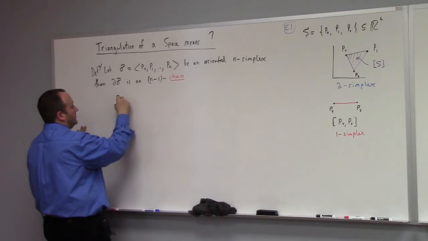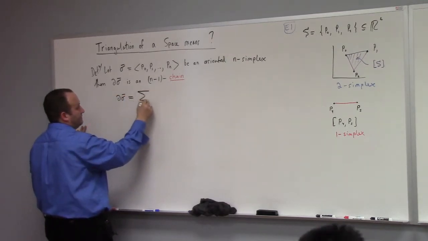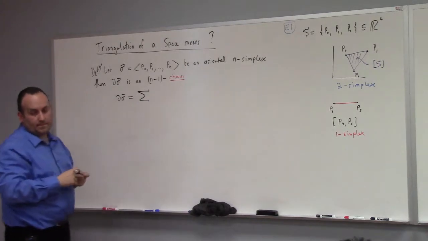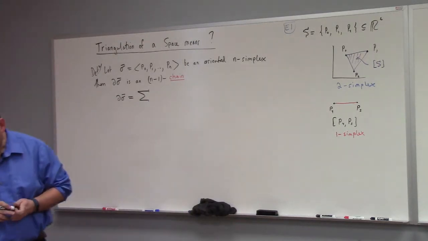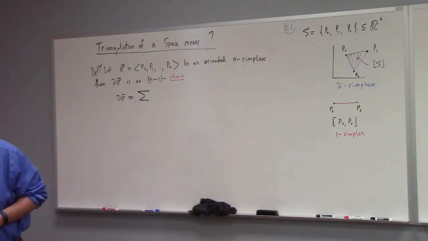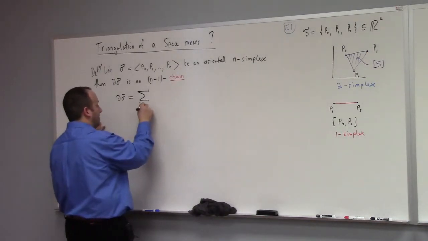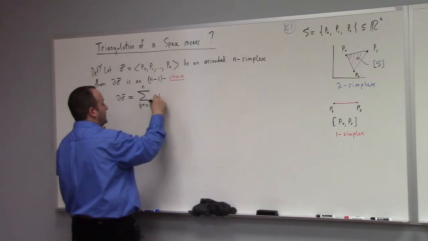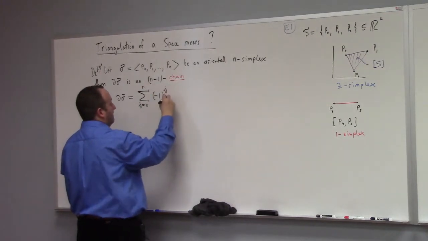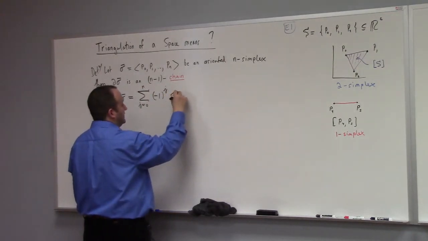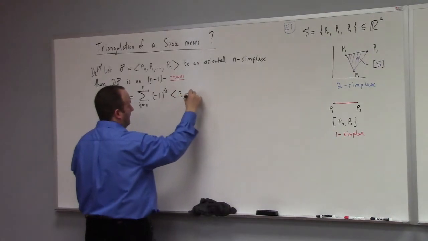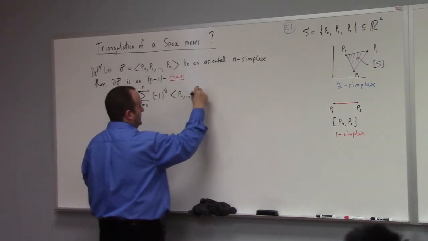Here it is. The boundary of sigma bar is equal to the alternating sum, the sum j equals 0 to n, minus 1 to the power j, of this list with the jth one deleted.